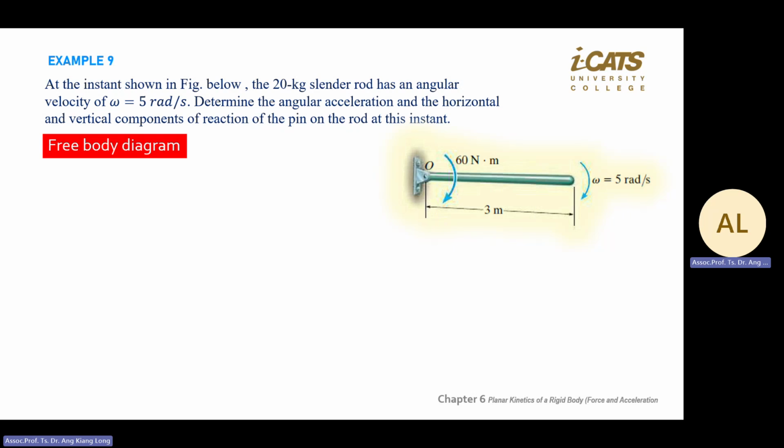So in your free body diagram, you go to the center of the rod, 1.5 here, put a dot there and draw W down. Every time in chapter 5, chapter 6 questions, when you see a mass, go to the center of the object and draw W. Determine the angular acceleration alpha and the reaction at the pin.